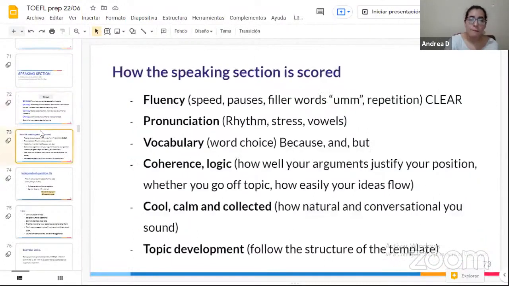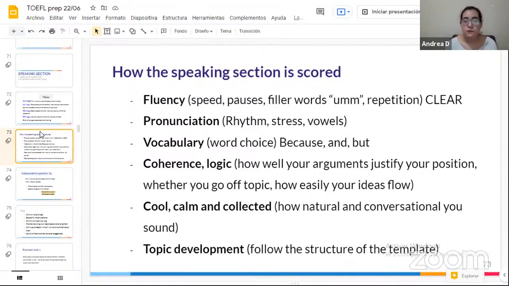About the whole speaking section, if you're wondering how this is scored, I have here some pretty summarized information about the rubric, or the criteria, that they use to evaluate your speaking responses. You have some categories here, as you can see. The first one is fluency, which is obviously what they're looking for.